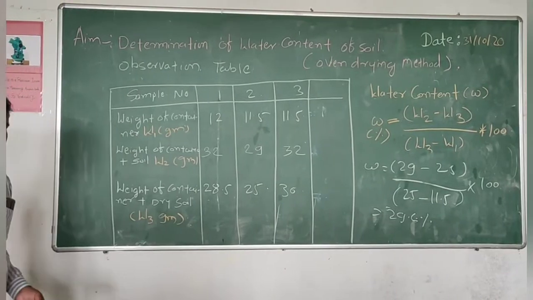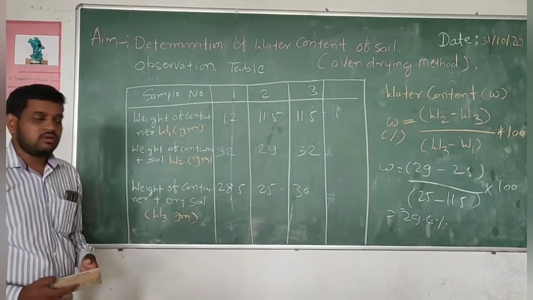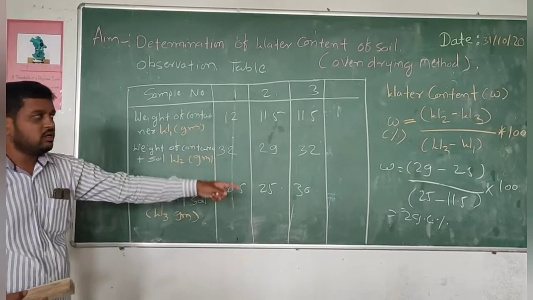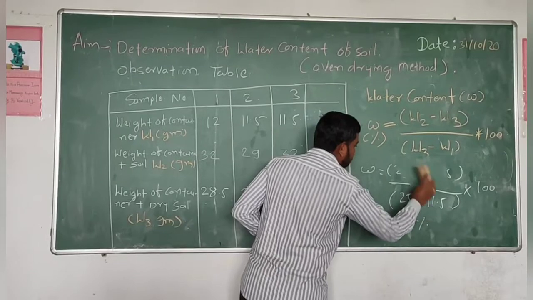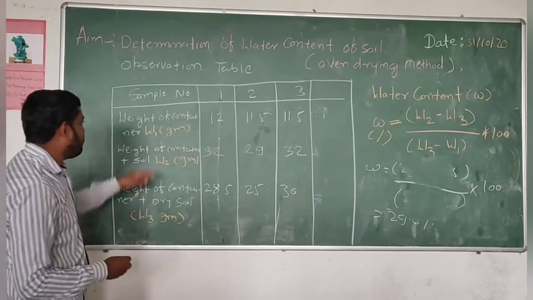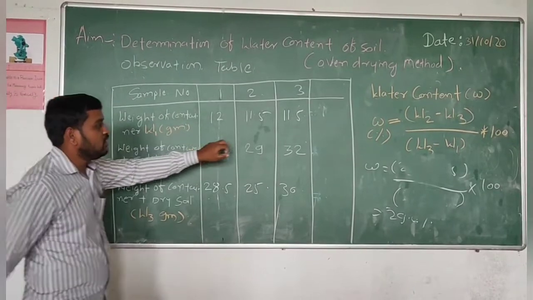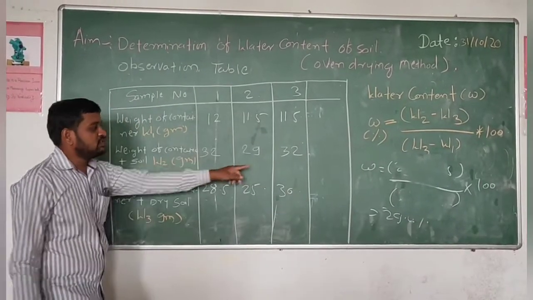Next, find the water content for sample number 3 by putting in the values of W2, W3, and W1. What is W2 for sample number 3? That is 32.